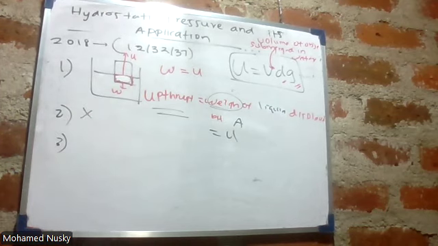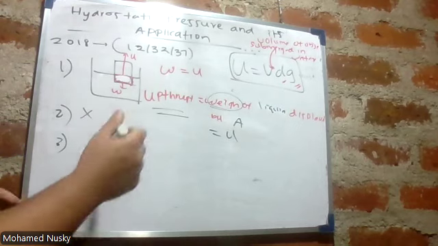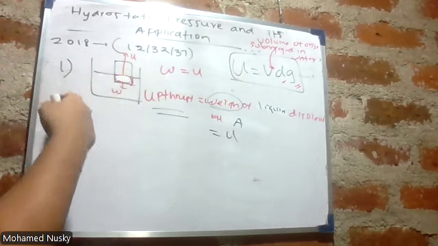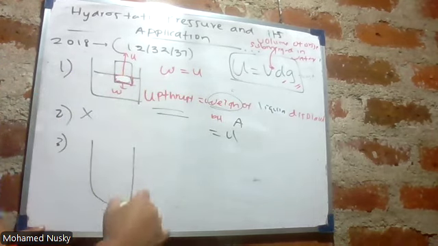Third one: the volume of the liquid displaced by A is equal to the total volume of A. No, it's wrong.